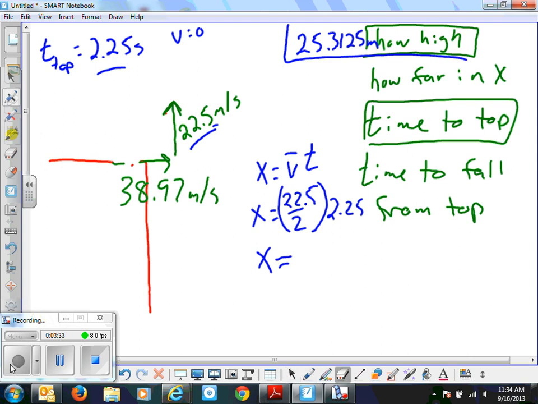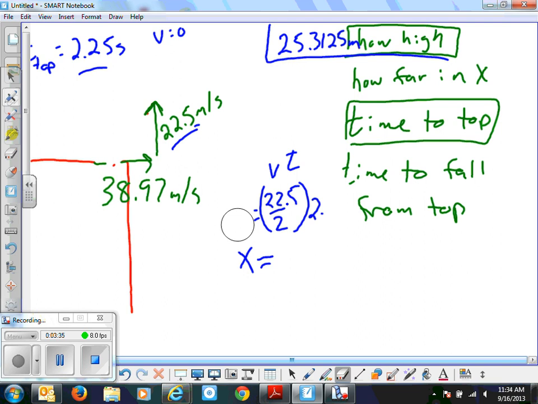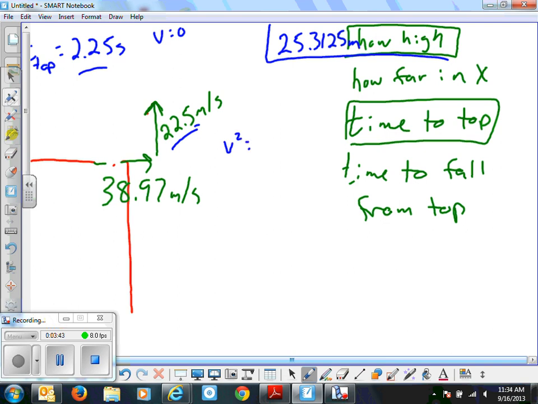Okay, is there another way to do that? Well, yes, there is. There's always more than one way, right? Okay, so the other way that you can do it, if you just want to be strictly kinematics equations, v squared equals v sub naught squared plus 2ax. We're looking for x. So x then is v sub naught squared divided by 2a. Actually, v would be 0, so it'd be x is negative v sub naught squared. Now you don't square that because we just subtracted it from both sides.